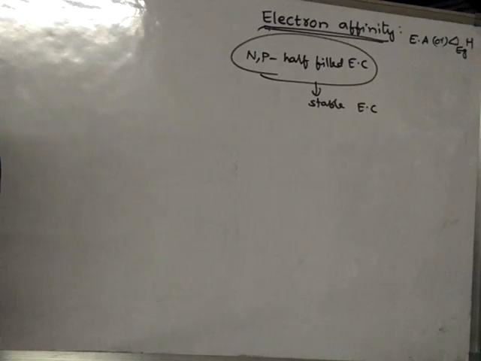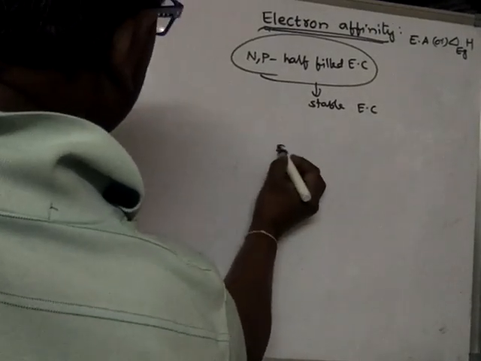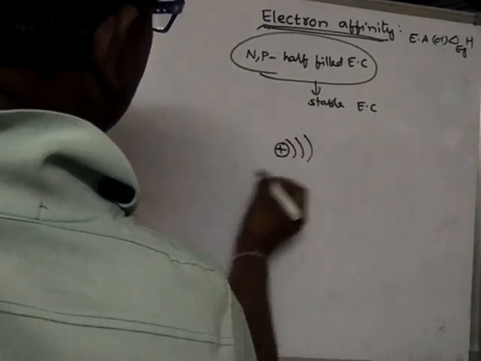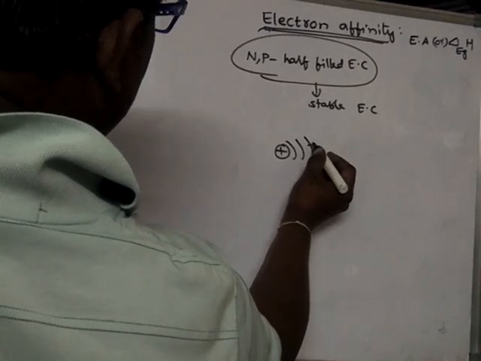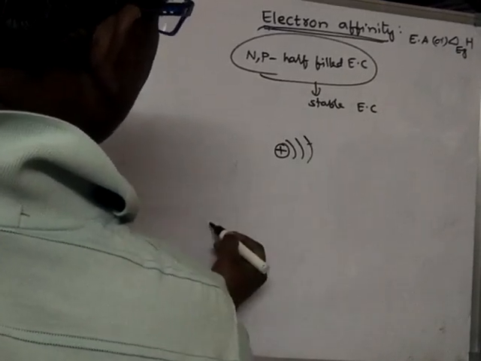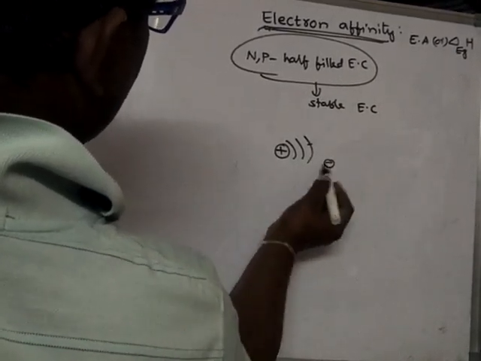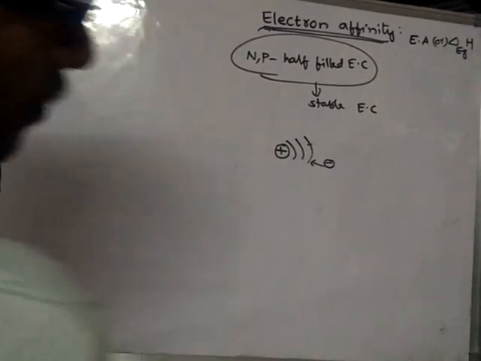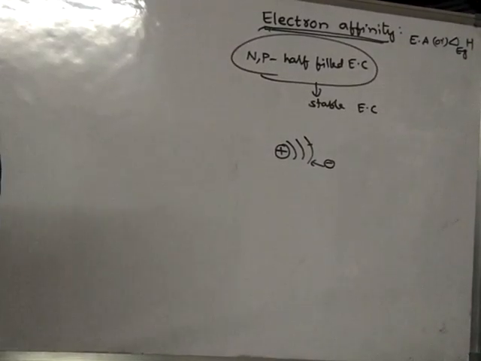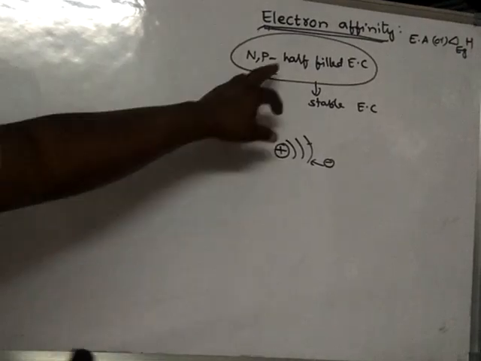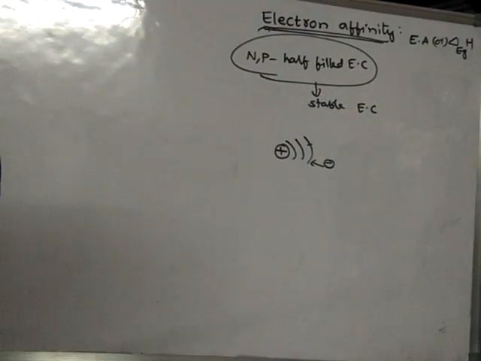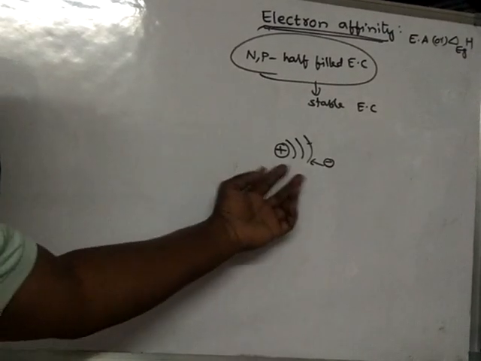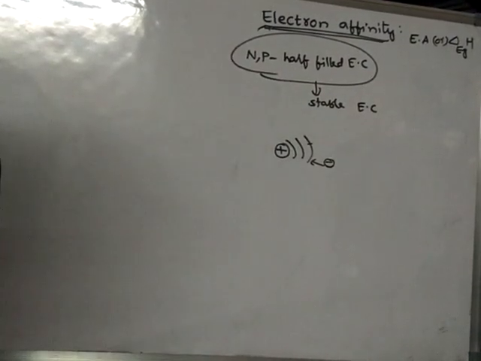So as they contain a stable electronic configuration, they do not like to add an electron. Even atoms which contain half-filled electronic configuration are somewhat stable. That is why they do not like to add an electron into their atoms.